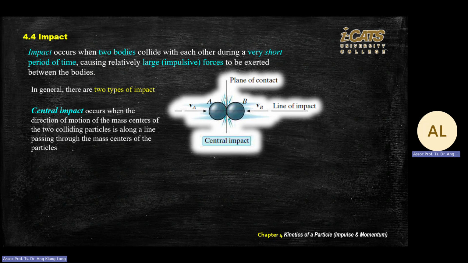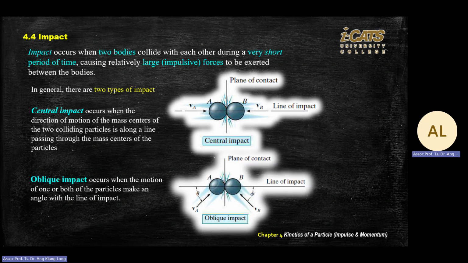Plane of contact means there's a 2D glass, like two objects hit together. Okay. And there's an object A, object B, and velocity A will always move to the right, B will move to the left for the impact to happen.